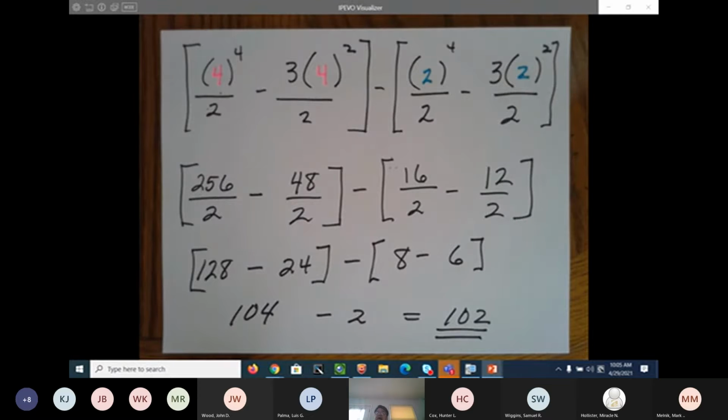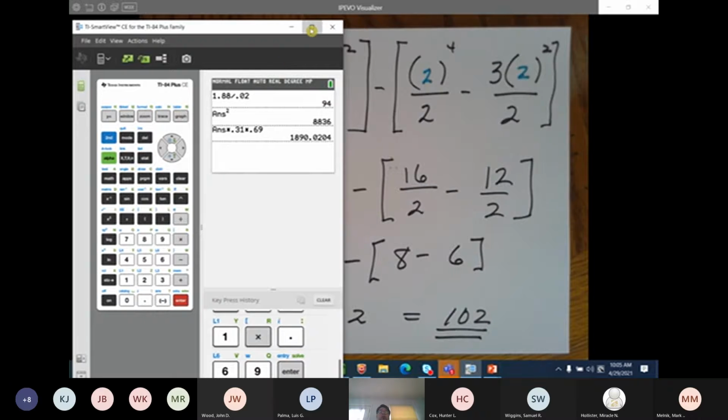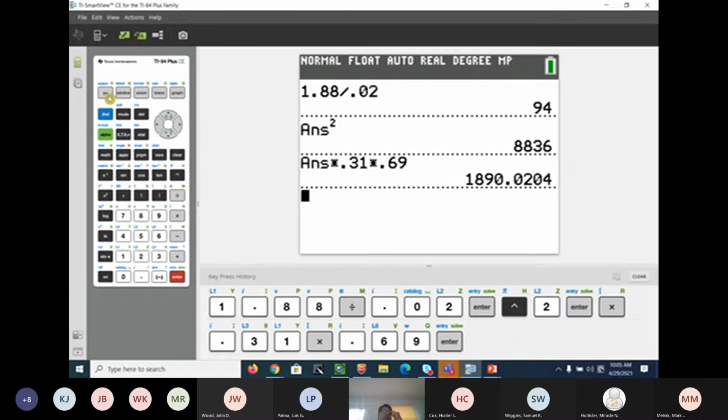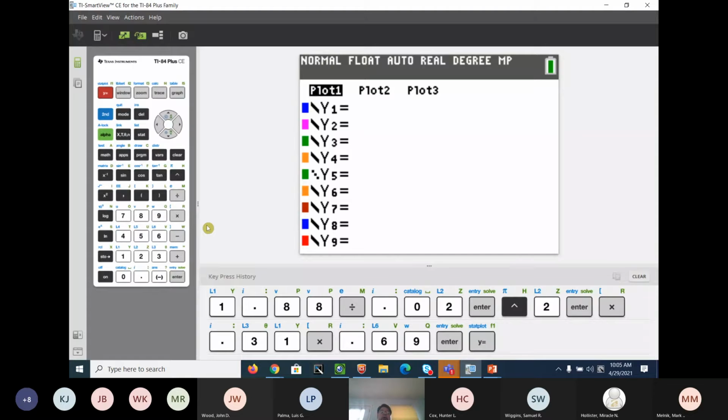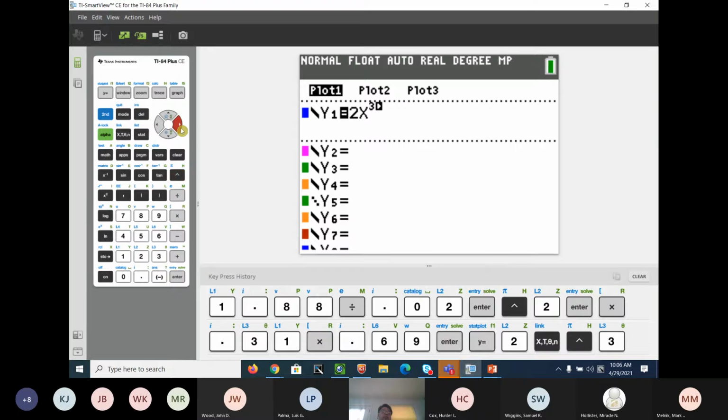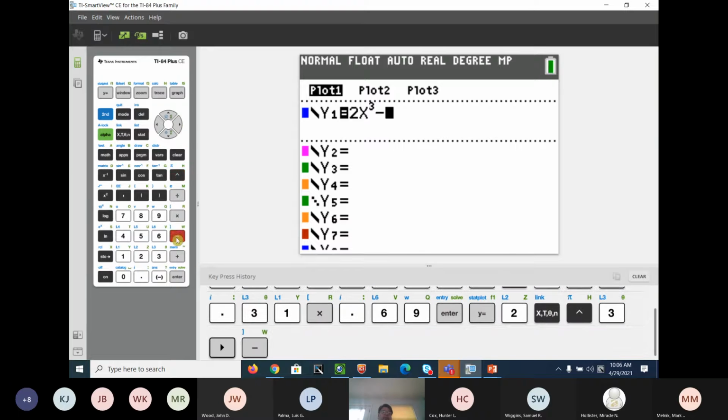So, what did we just find? We just found, let's take our handy dandy calculator, y is equal to 2x cubed minus 3x. Graph.